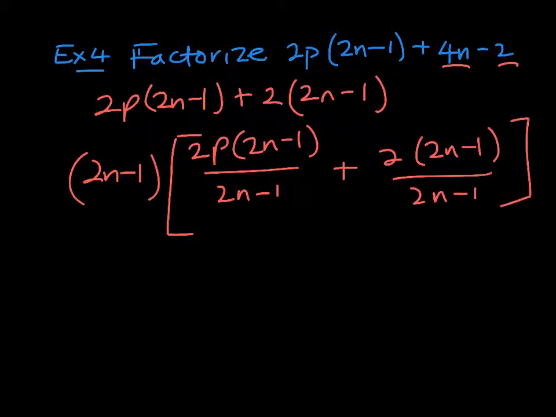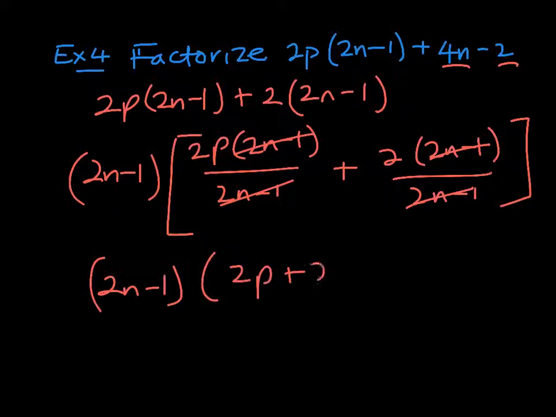Okay, so we can cancel out the 2n - 1s, and then what we have left is (2n - 1) in the bracket outside, and then 2p + 2. We could still write this as 2(2n - 1), because 2p and 2 have something in common, which is 2, into (p + 1).